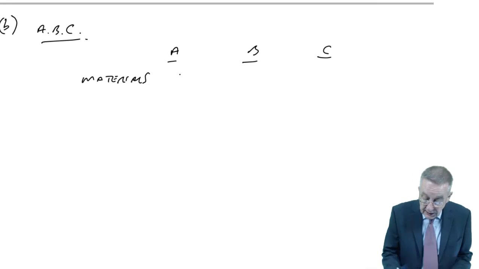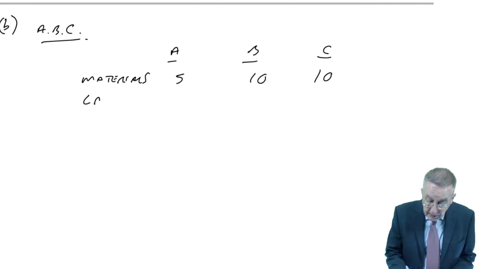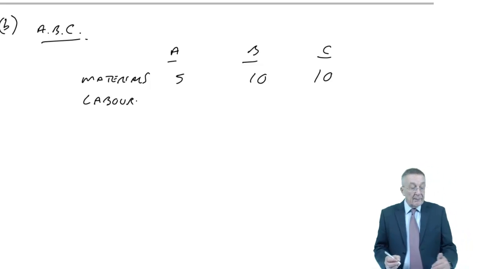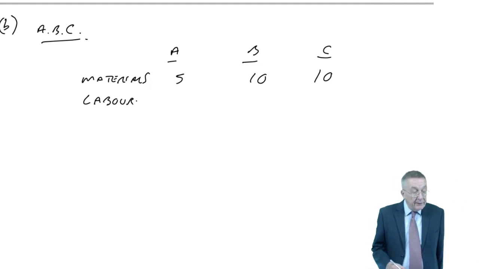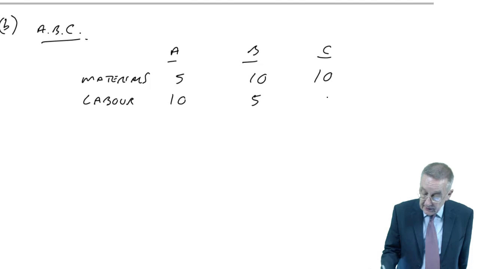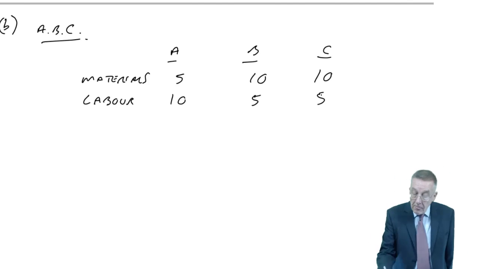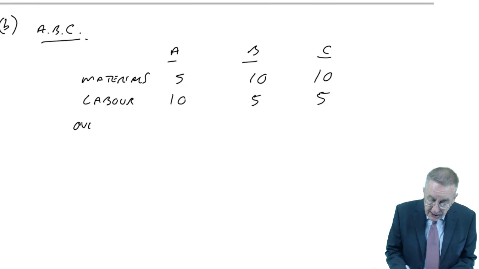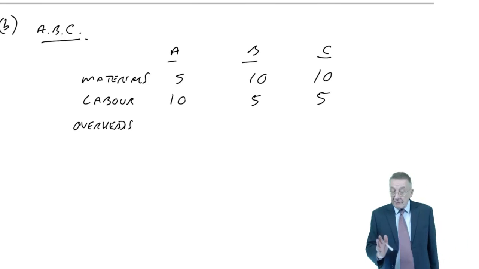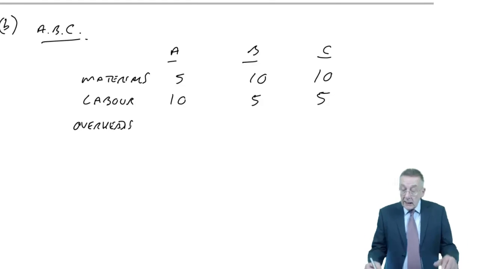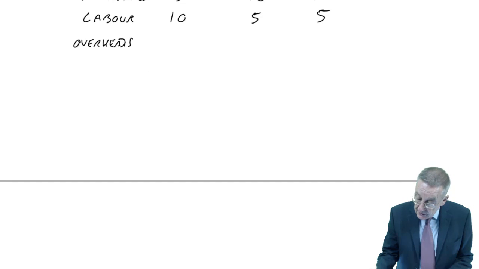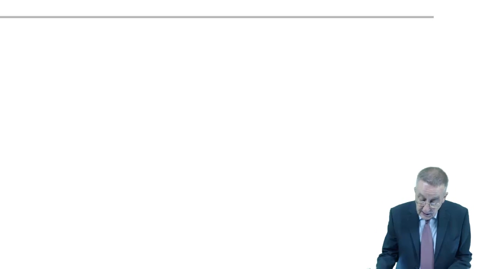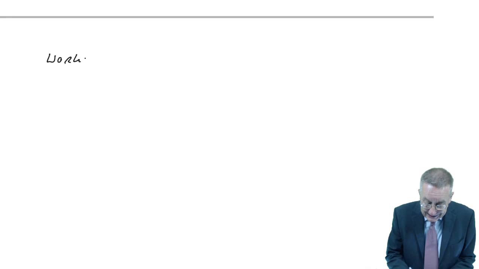I've lost it already. $5 for A, $10 for each of B and C. We've got labour. 2 hours for A at $5 is 10, and 1 hour each for B and C. So far exactly as before, but it's the overheads we're going to deal with differently. Now here we certainly need workings, so let me leave space for the workings.